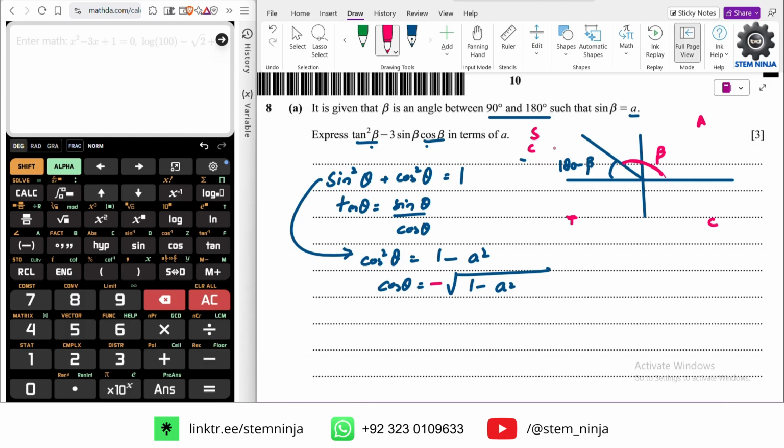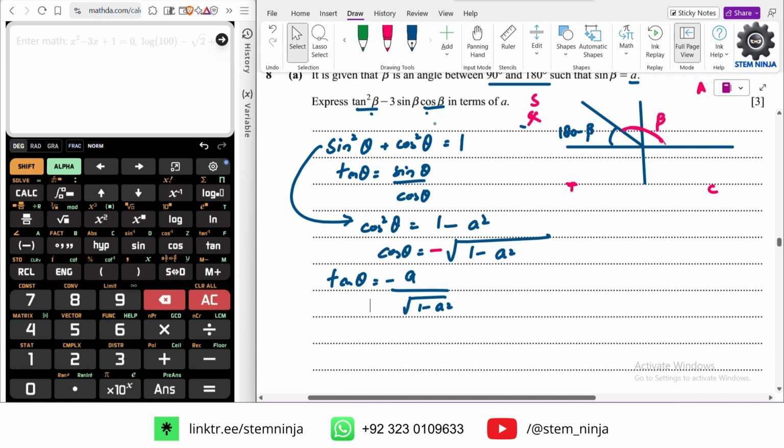Because the cosine is negative in the second quadrant. And the tan theta will also be negative, so we need to extrapolate tan theta now. So tan theta will now be A over the square root of 1 minus A squared, negative.